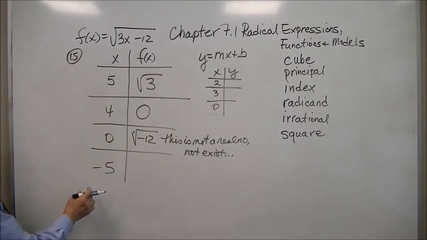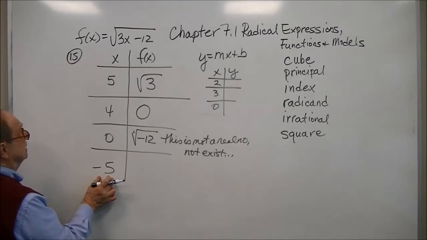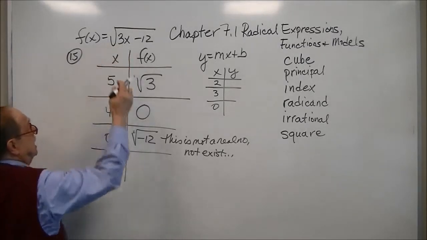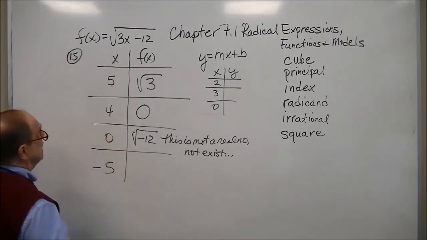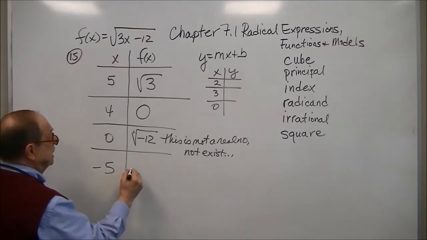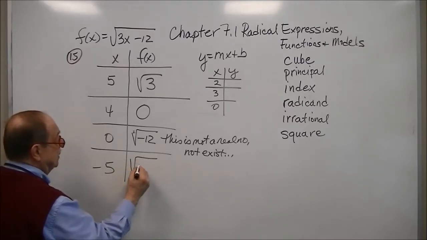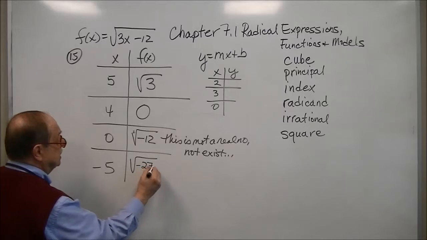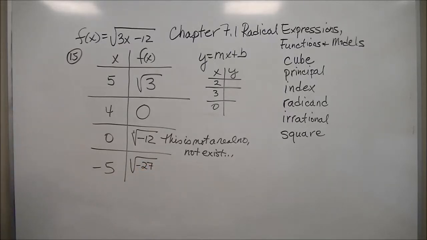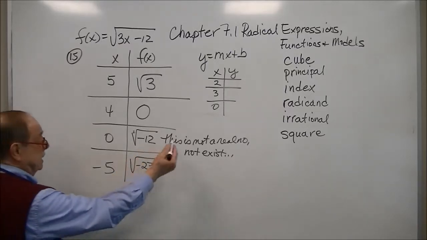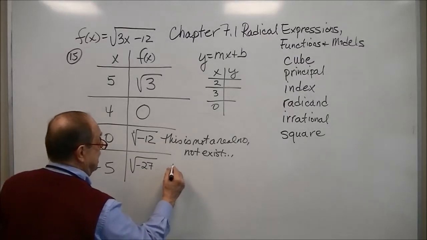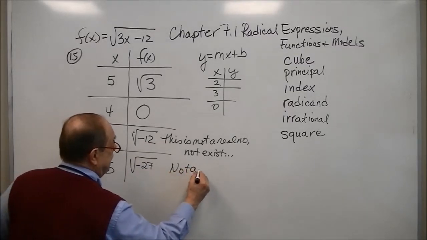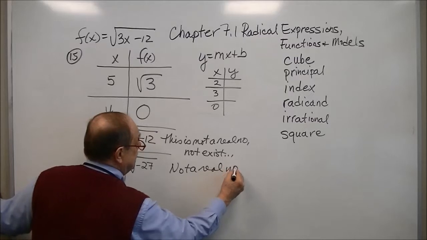All right, when we put a -5 under there, again, this is going to be a -15, and a -12 is a square root of a -27, and that doesn't exist either, so not a real number.